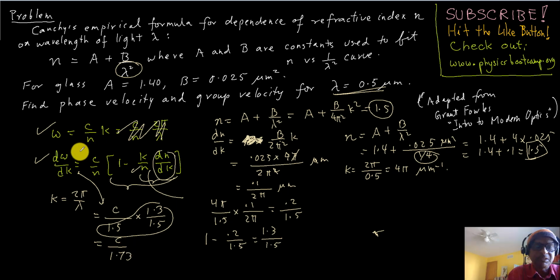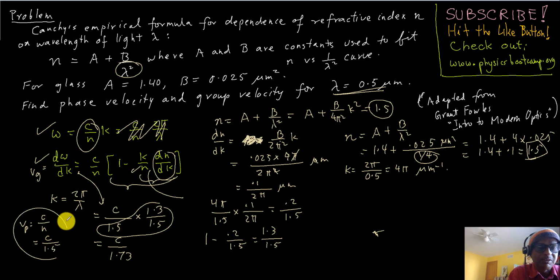And Vp is c over n, which is c over 1.5. So this is the phase velocity, and this is the group velocity.